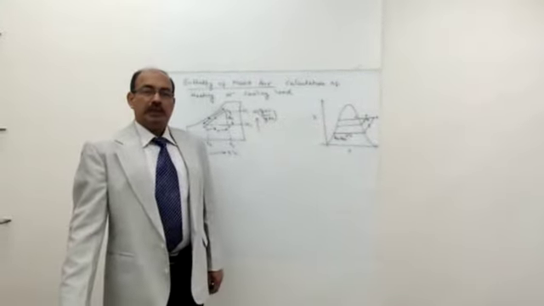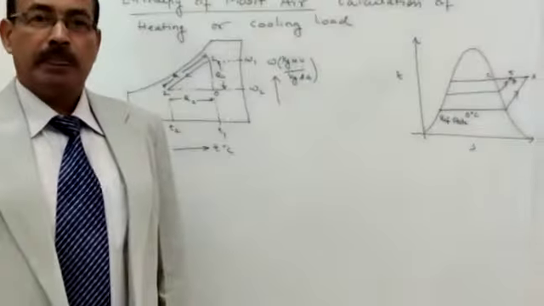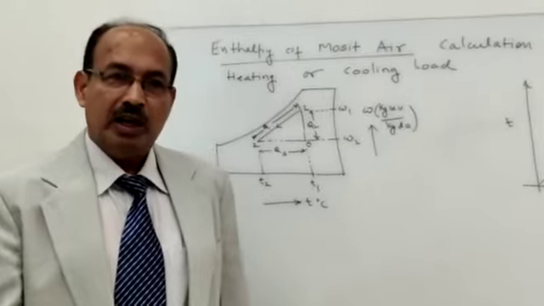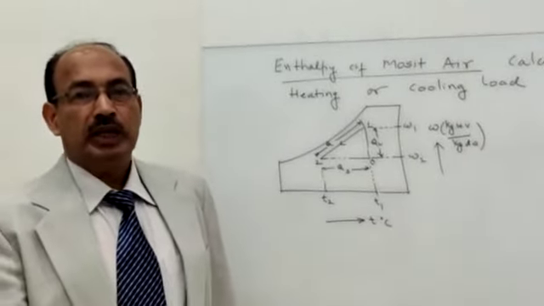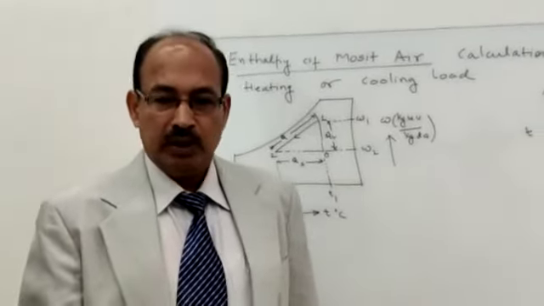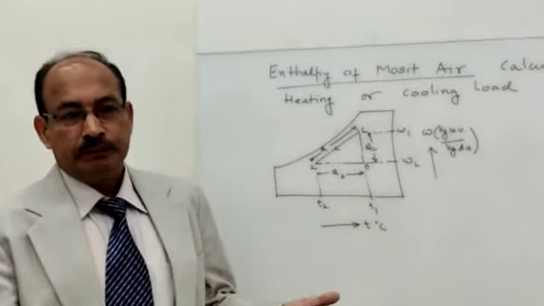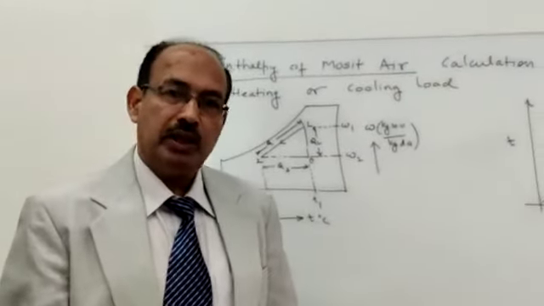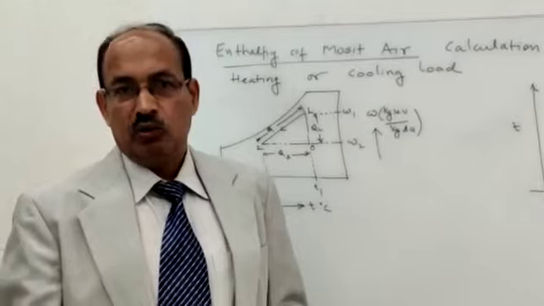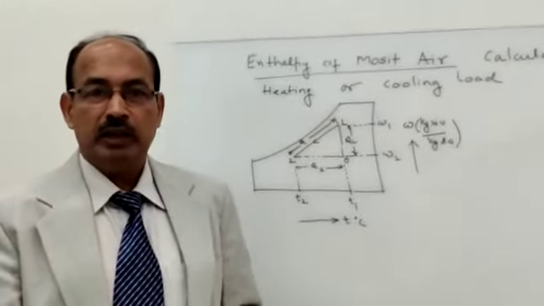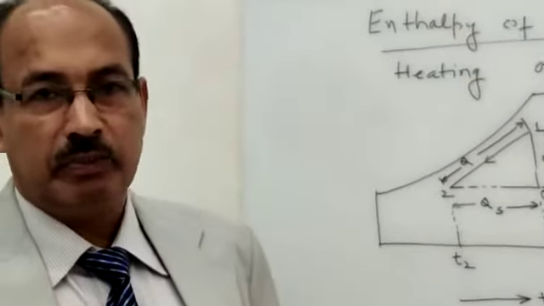Today's class, I will discuss how to find enthalpy of a moist air and how to do cooling and heating load calculation. You know that in air conditioning, heating or cooling load has two parts. One is sensible heat part and the other one is latent heat part.